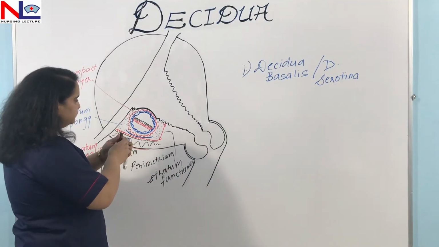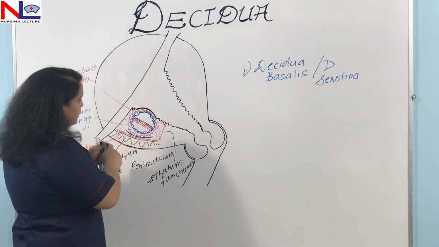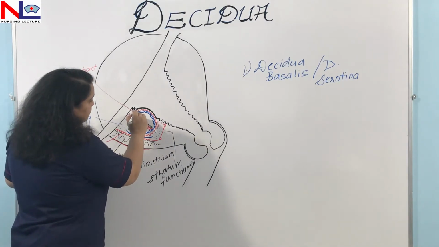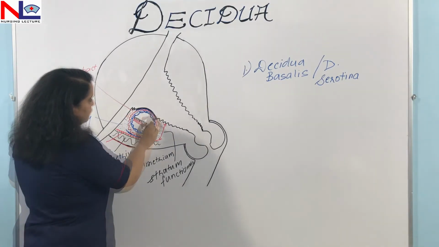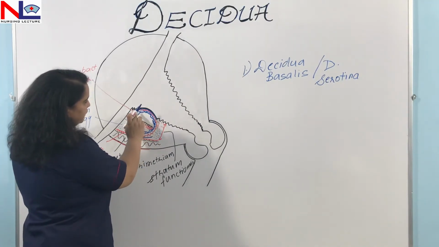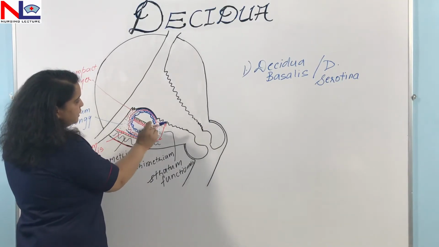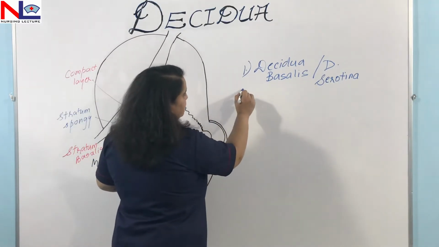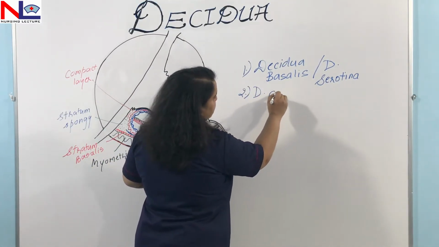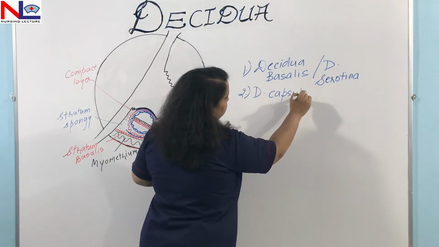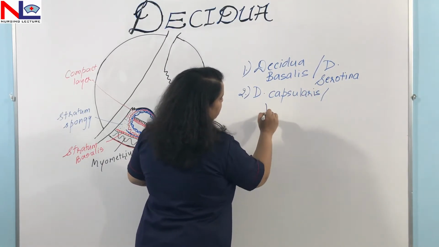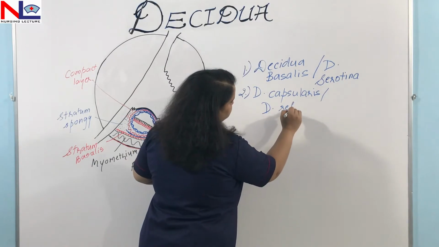The other one is the part of the decidua which encloses the blastocyst and forms a thin wall. Here in black you can see this thin lining. This part of the decidua which encloses the blastocyst is called decidua capsularis, or another name is decidua reflexa.